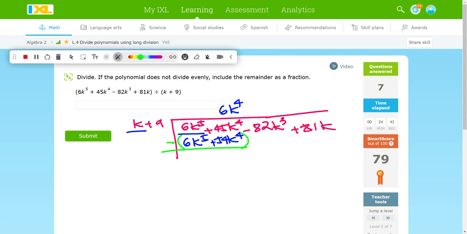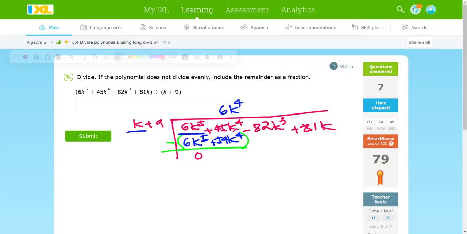Okay, so now you should have 6k to the fifth, subtract 6k to the fifth, it becomes 0. 45k to the fourth, subtract 54k to the fourth. That should come out at negative 9k to the fourth. Okay? Next step, you move down negative 82k to the third.